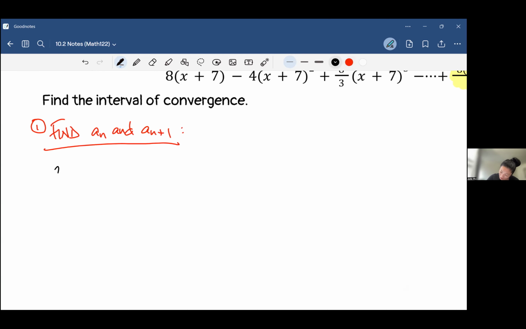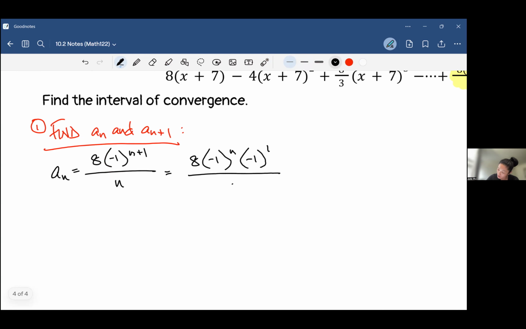All right, our a sub n, according to the formula, is 8 times -1 to the n plus 1 over n. And I'm going to go ahead and split this -1 to the n plus 1 using my exponent properties. So 8 times -1 to the n times -1 to the 1 over n.